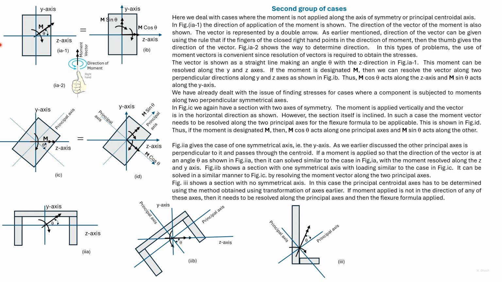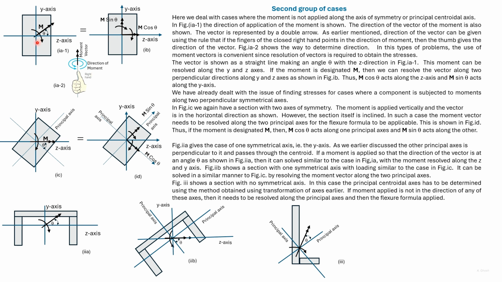This section has two axes of symmetry, this section has one axis of symmetry, and this section has no axis of symmetry. The direction of the moment vector has been discussed earlier. It is shown using two arrows, and this is the right hand with the fingers clasping along the direction of the moment and the thumb showing the direction of the moment vector.